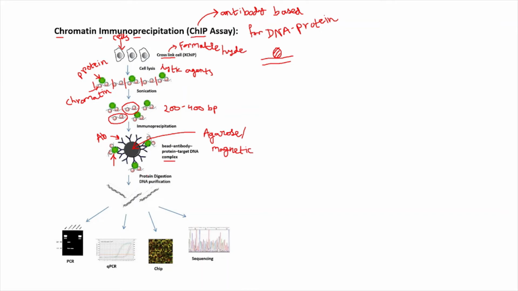Once this complex is formed, what do you do? You perform protein digestion, that means you perform reverse cross-linking, to remove the bound proteins that you have.